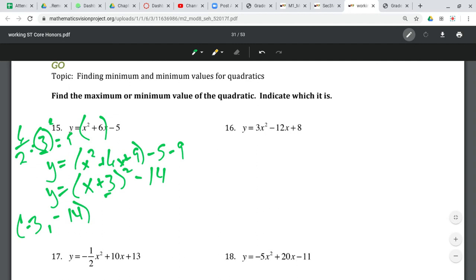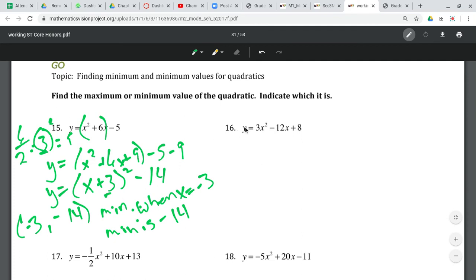And so that means we have a minimum when x equals negative 3, min is negative 14. So it's all about what your vertex is. So you're just solving for that vertex.